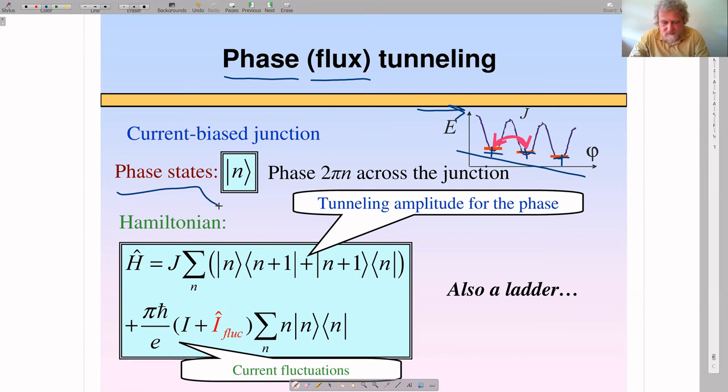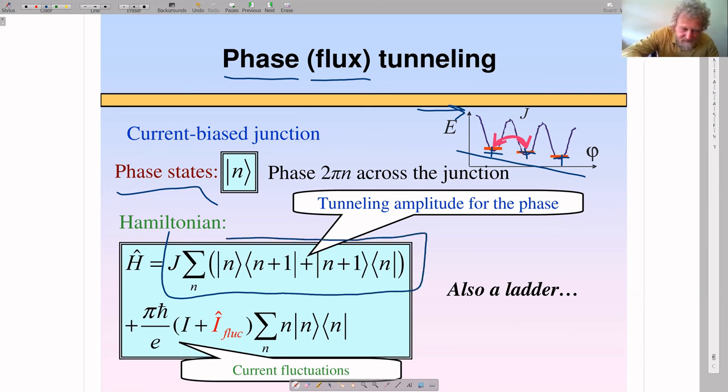But the ladder, let us try to describe it in a way similar to what I had before. So we have tunneling between neighboring steps of the ladder.